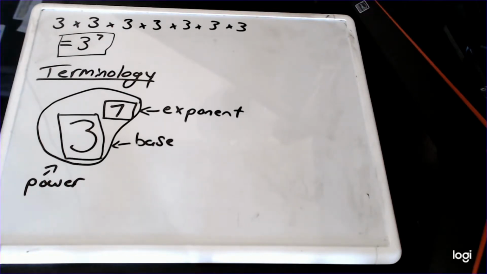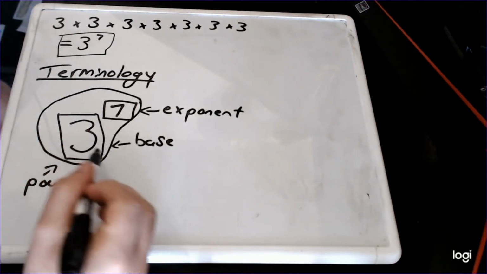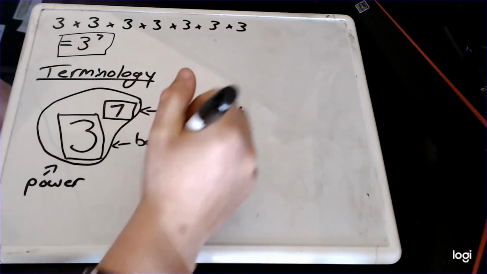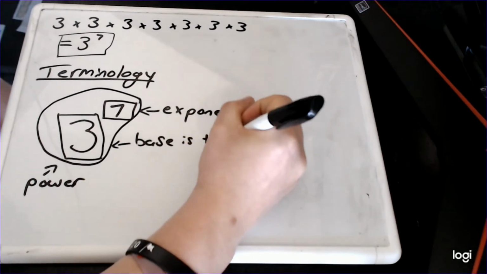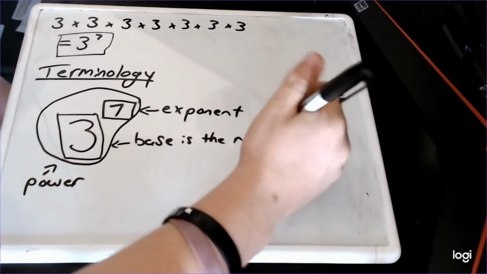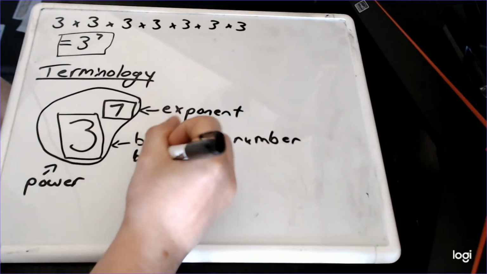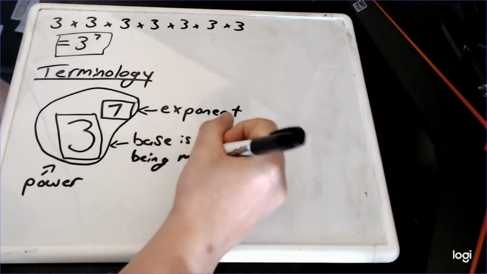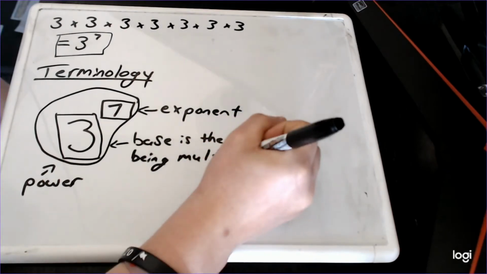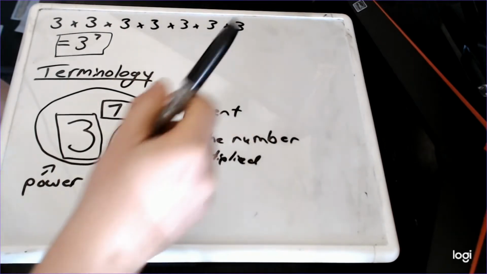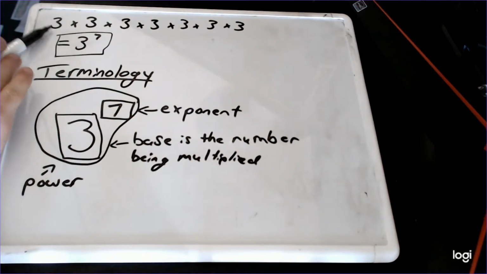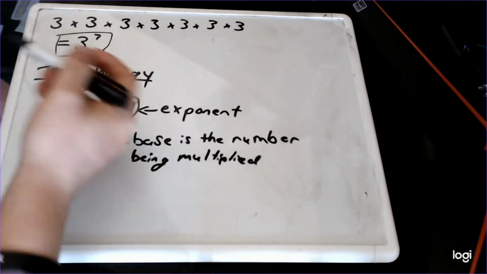So in terms of what it looks like, now, what do all these numbers actually mean? So the base is the number being multiplied. Like in our example up here, the base is 3 because we're multiplying 3 a bunch of times.